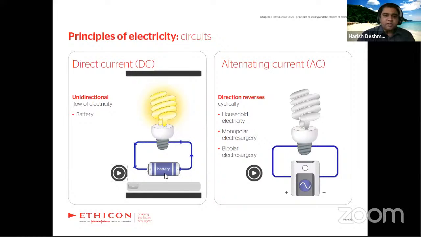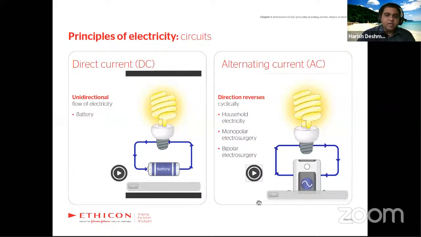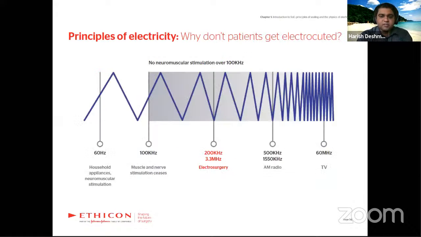It starts from the battery and ends up in the battery, and keeps on revolving around. In the case of alternating current, it keeps on changing the path, positive to negative, negative to positive. That is why it is called alternating current, because it keeps on changing direction. Direct current is unidirectional. We are actually using alternating current in all our devices.